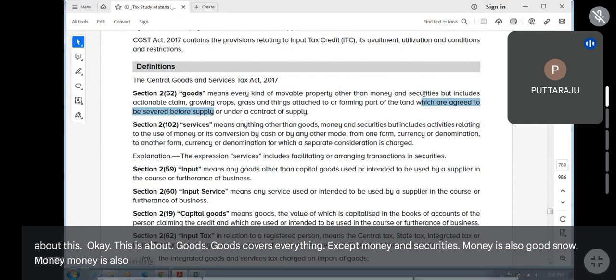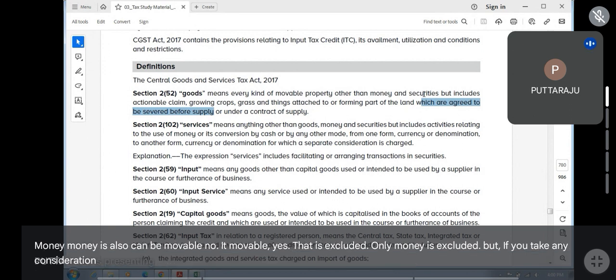Money can also be movable, no? Yes, sir. Yes, that is excluded. Only money is excluded. But if you take any consideration in exchange of money, that consideration is taxable.